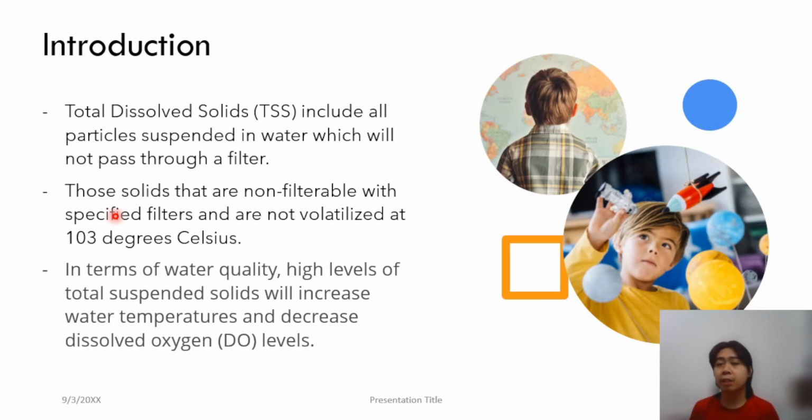This is because suspended particles absorb more heat from solar radiation than water molecules will. This heat is then transferred to the surrounding water by conduction. Warmer water cannot hold as much dissolved oxygen as colder water, so eventually the DO levels will drop.